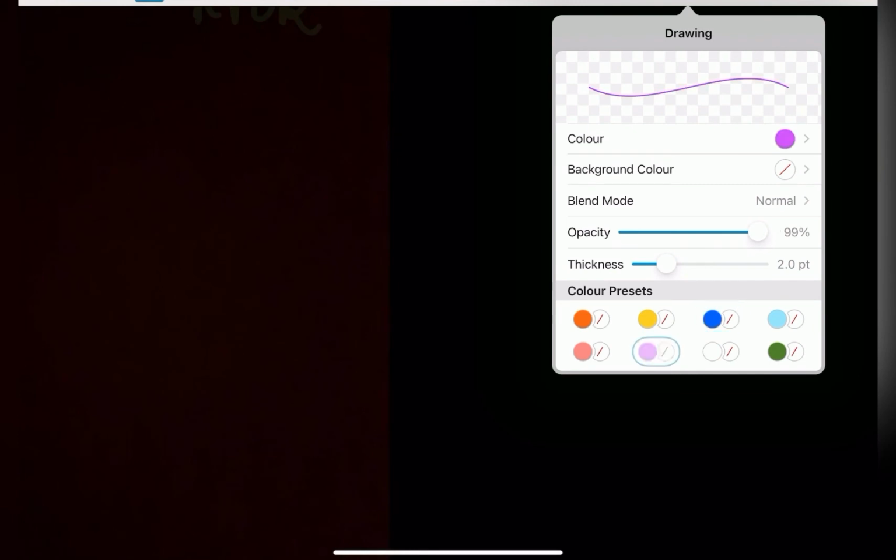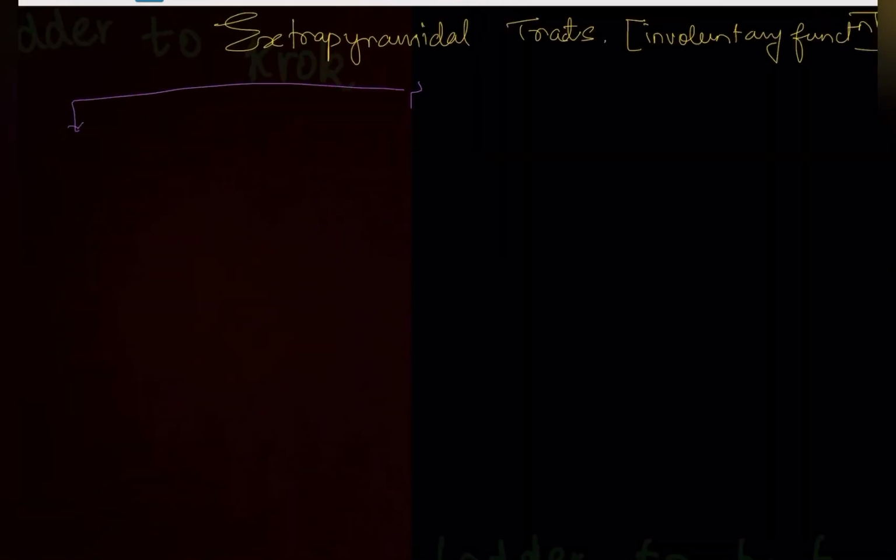So let's start with them. We'll be studying the 5 tracts in detail. Starting first with the vestibulospinal tract. First, let's write all the names.